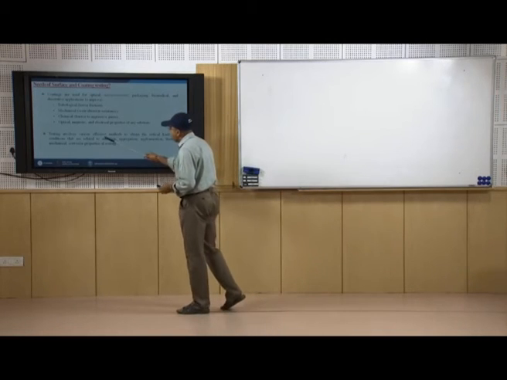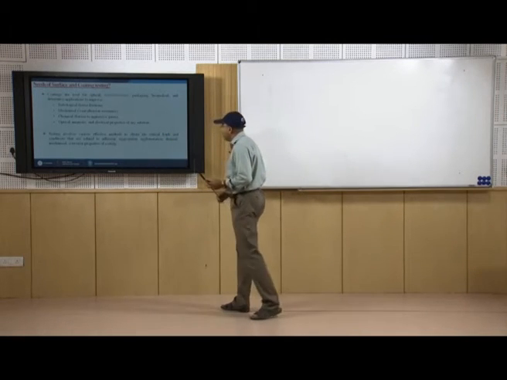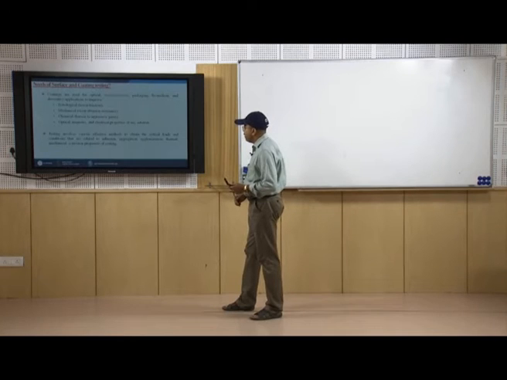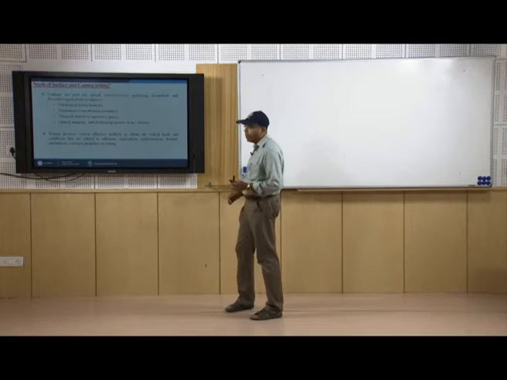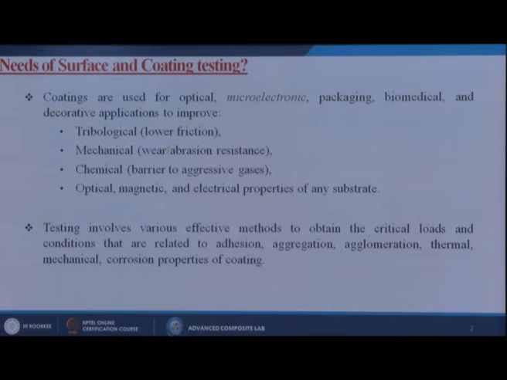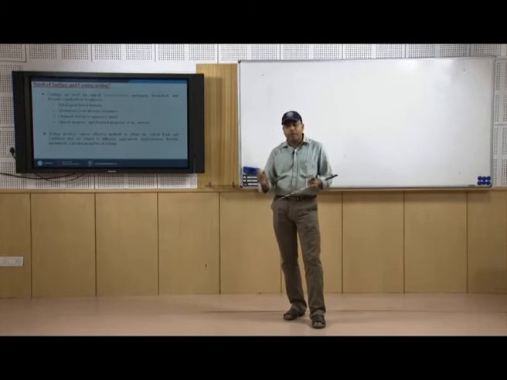Also, testing involves various effective methods to obtain the critical loads and conditions that are related to adhesion, aggregation, agglomeration, thermal, mechanical, and corrosion properties of the coating. Of course, because when we are doing the coating, after coating we are using that material for several purposes.